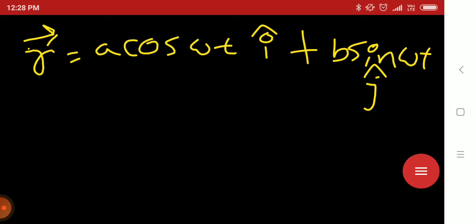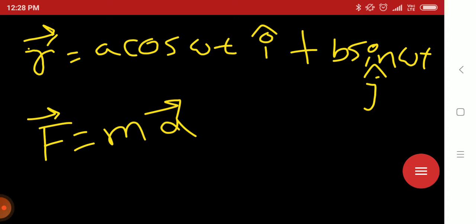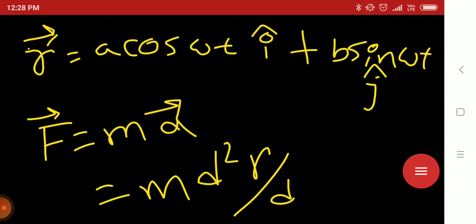Now what do we know about a particle moving along a parametric curve? You all know Newton's second law of motion, F equals m a, and a can be written in terms of r vector: F equals m d2r by dt square, because a is always acceleration.